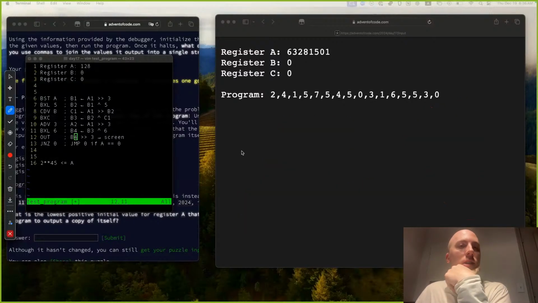Okay. So if you fix B4, it's equal to 10.